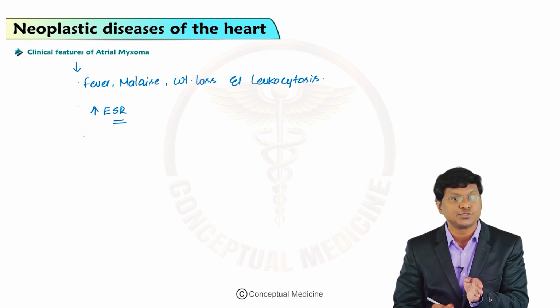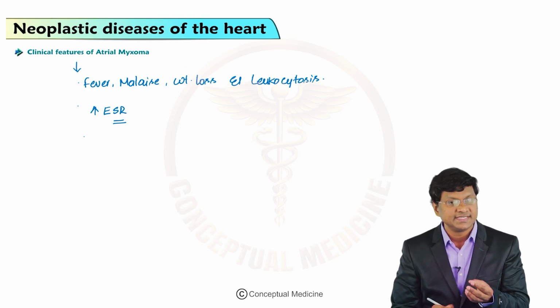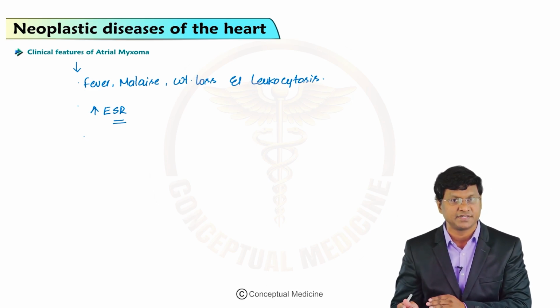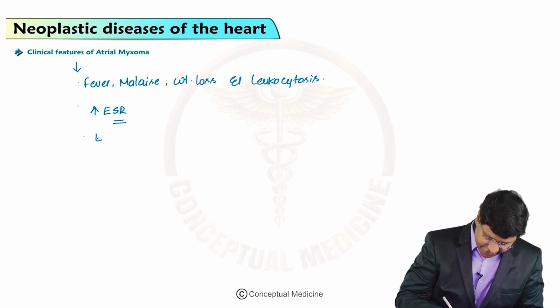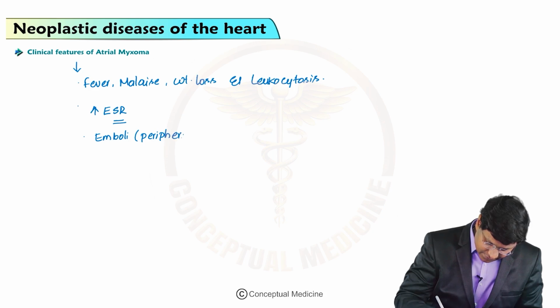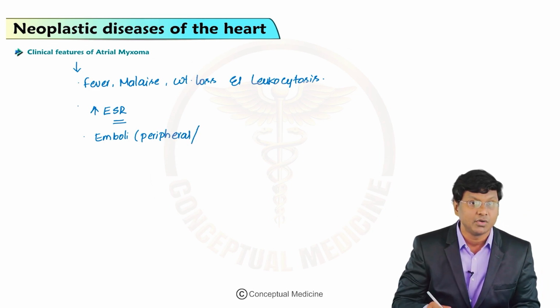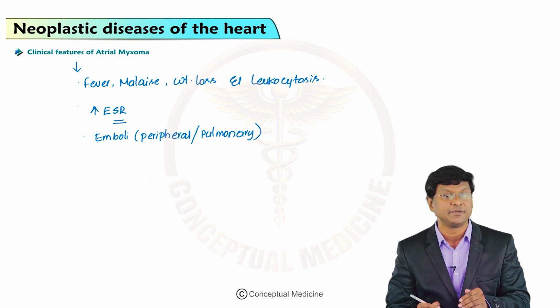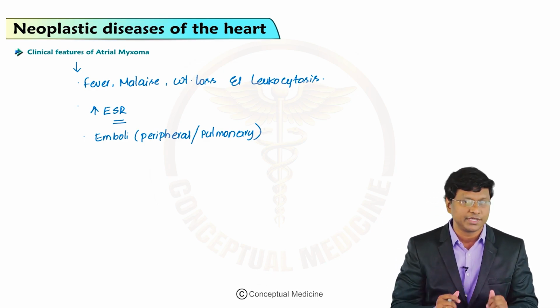I said they also have the features of embolization. This atrial myxomatous tumor can rupture and embolize into the peripheral circulation. The features of embolization may be in the peripheral or pulmonary circulation, depending upon the location of the tumor.